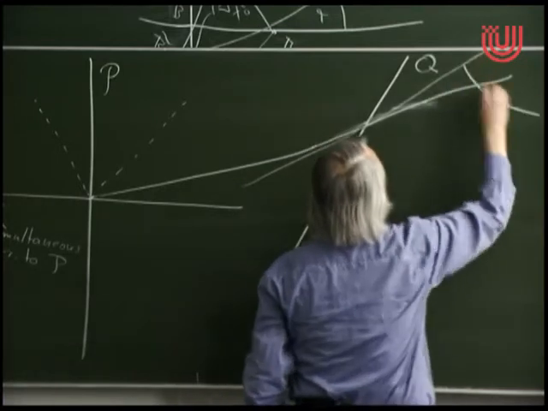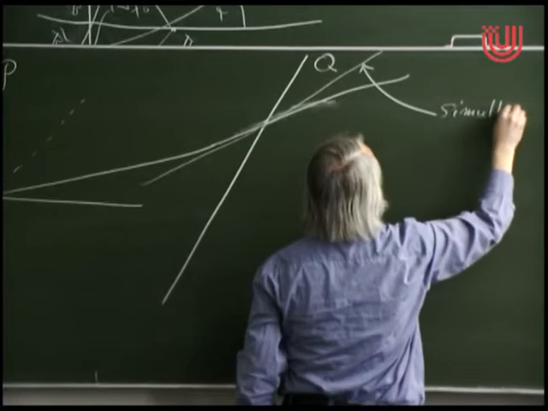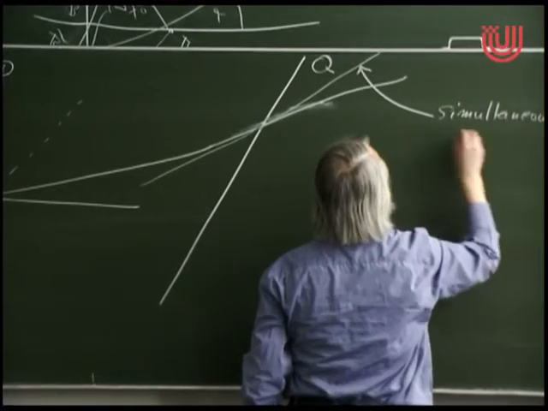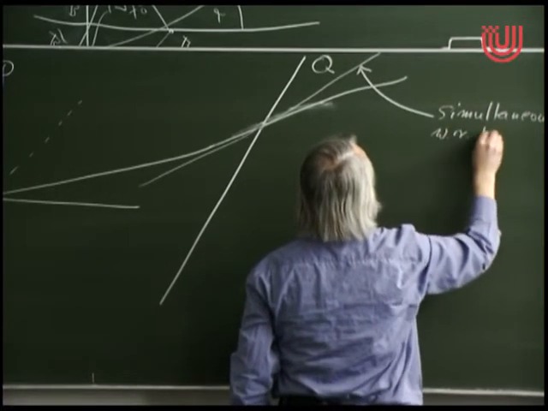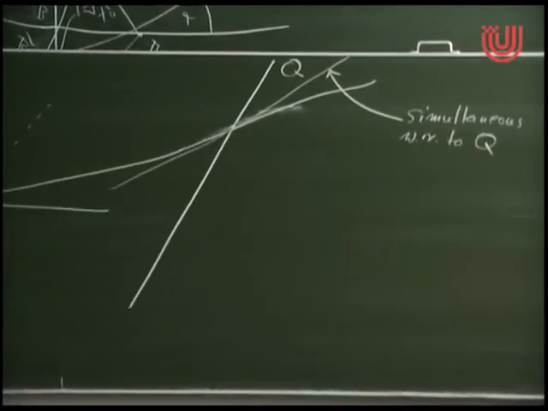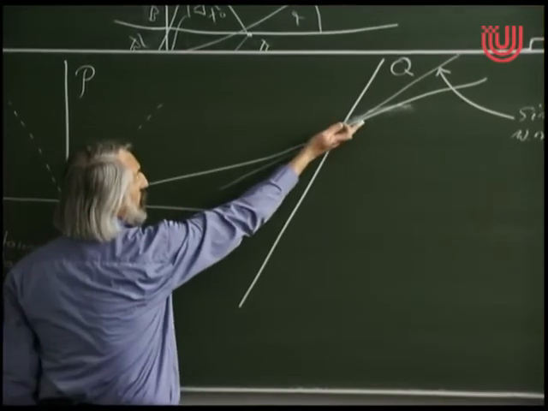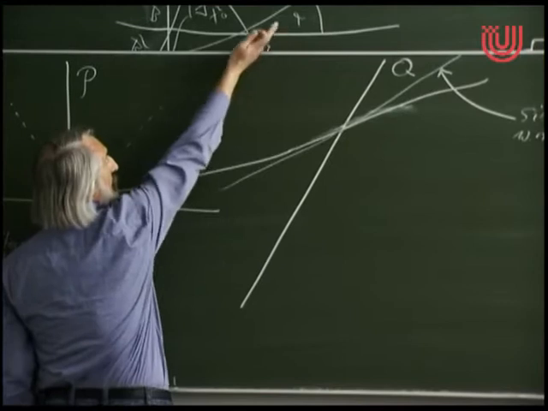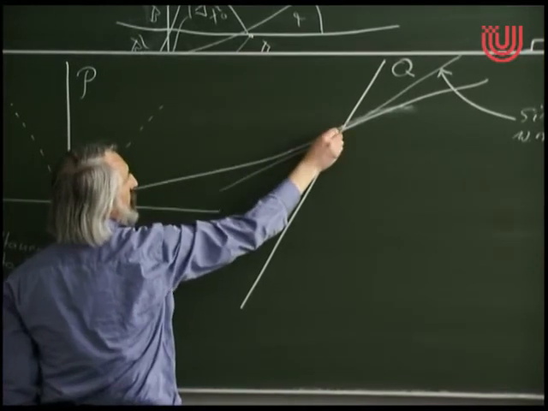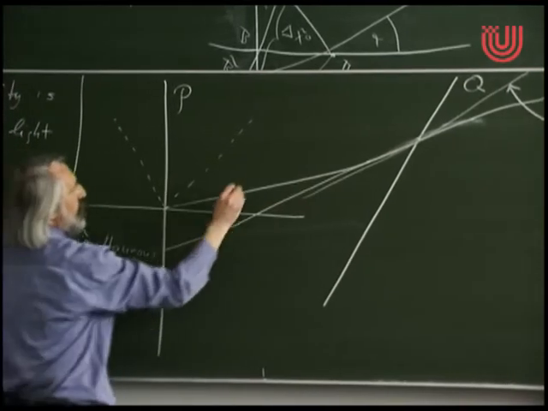So these events are simultaneous with respect to Q. And if I allow again for this other observer to send a signal into his own future, this means it must be above this hyperplane, but with superluminal velocity, then it could send a signal like this.